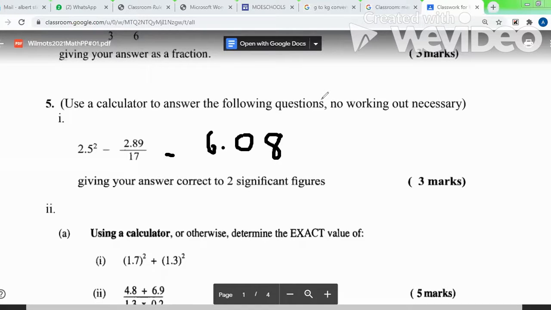However, if there is a 0 included, it is significant. So what I did, I count from the 6. 1, 2, go over to the 8. Because there is an 8 there and it is greater than 5, we add a 1 to the 0. So it becomes 6.1. Excellent.